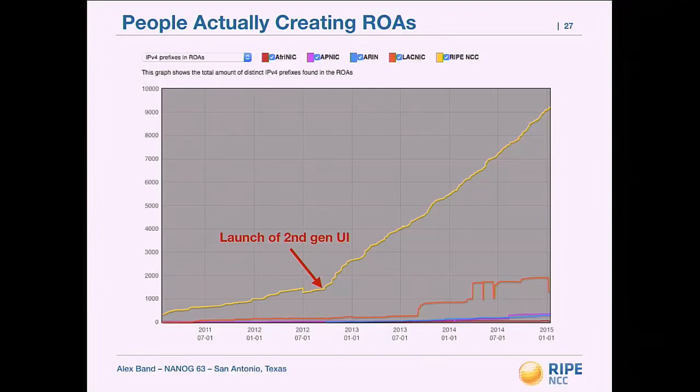And from the day we launched the user interface that showed people what they actually originate in BGP, there was an enormous uptake in people creating ROAs. And these were all high-quality ROAs. And right now, if I start looking at the statistics, people are removing ROAs because it's easier to spot cruft, and the data quality is going even further up. So this is the effect of putting in effort in making something usable.